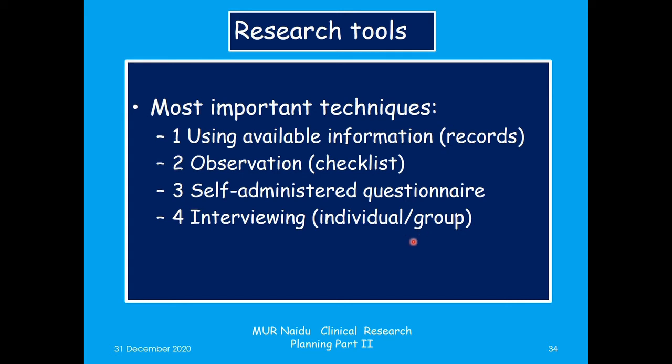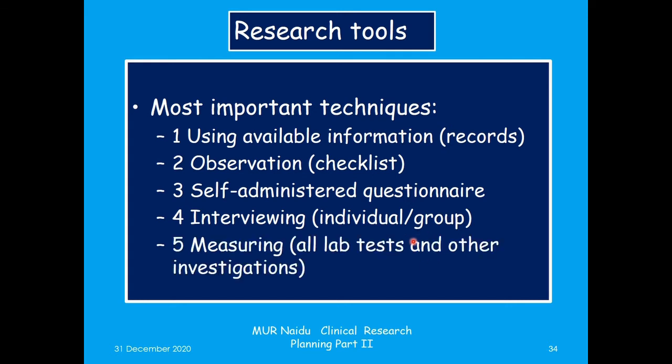That is the fourth type of research tool. And then the fifth one is measuring all the lab tests and other investigations. This is one of the most common and one of the most effective research tools useful in clinical trials. So measuring lab tests and doing investigations to collect your data is one of the best research tools as compared to using questionnaires or checklists.